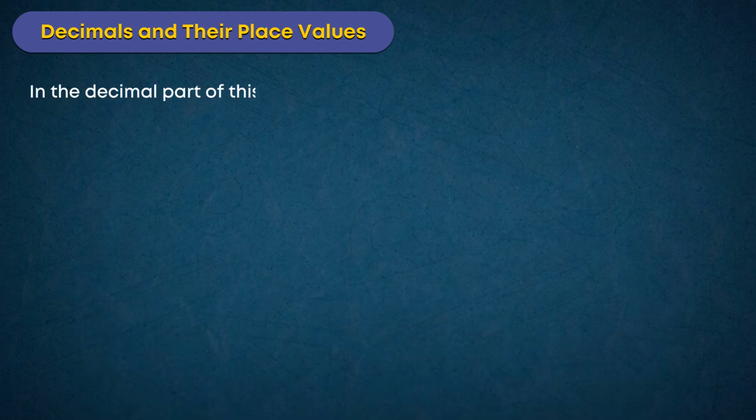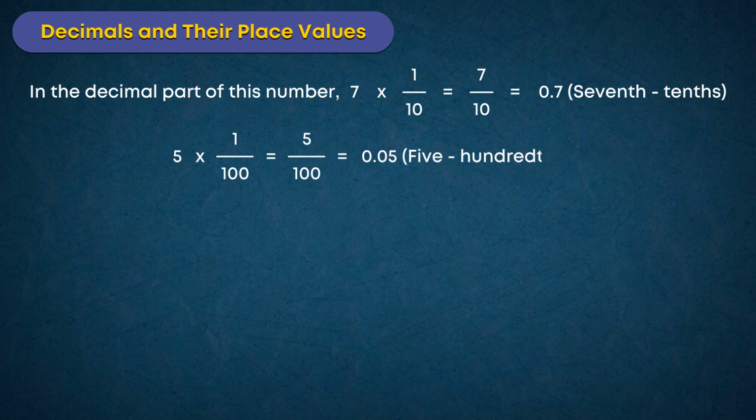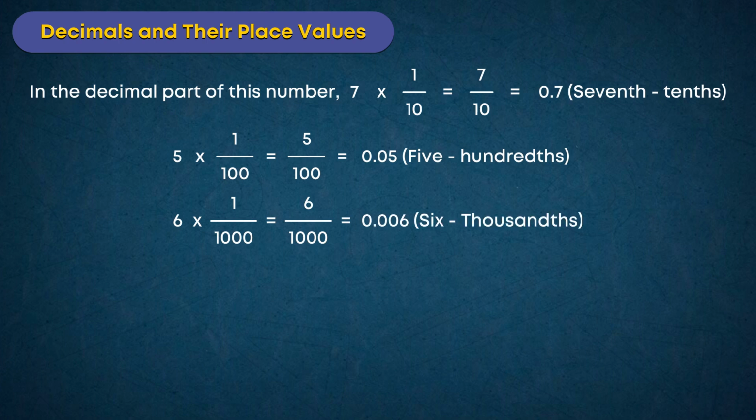In the decimal part of this number, 7 into 1 by 10 is equal to 7 by 10, which is equal to 0.7, seven tenths. 5 into 1 by 100 is equal to 5 by 100, which is equal to 0.05 hundredths. 6 into 1 by 1000 is equal to 6 by 1000, which is equal to 0.006 thousandths.